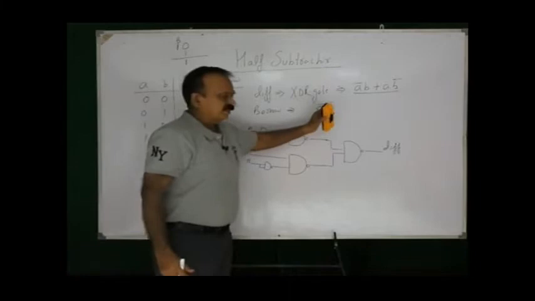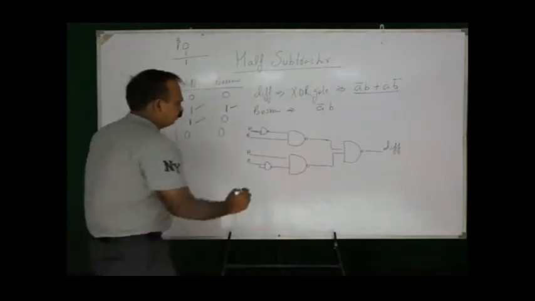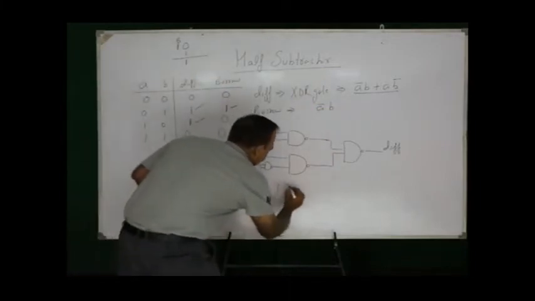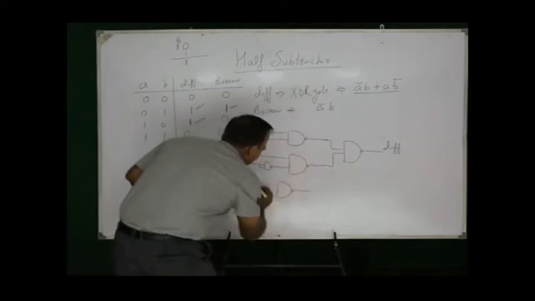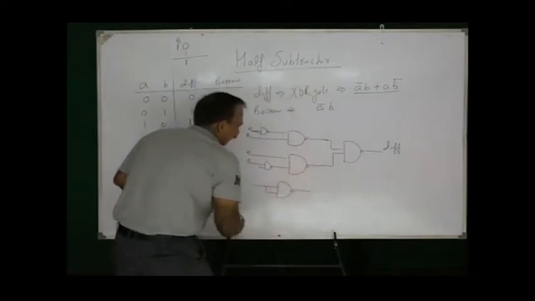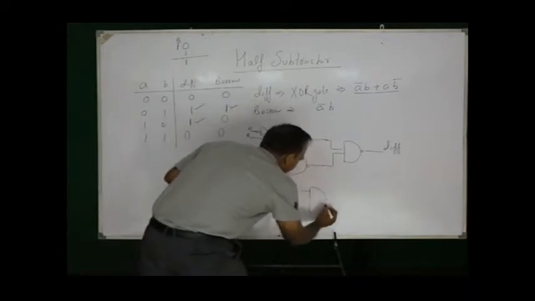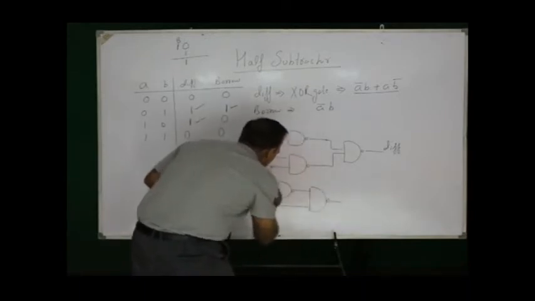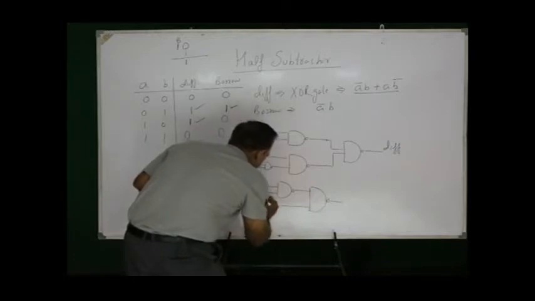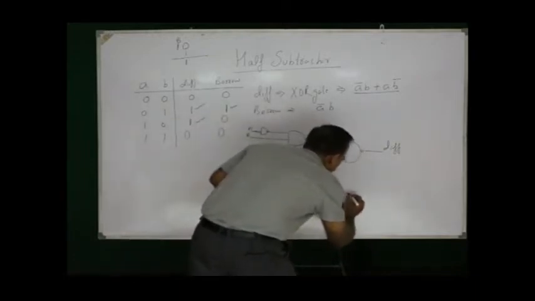Now, the second one is A bar into B. First it is A bar by connecting both the entries, this is A bar, and with that the next one is B. So, A bar B, and we will be connecting it to another gate.